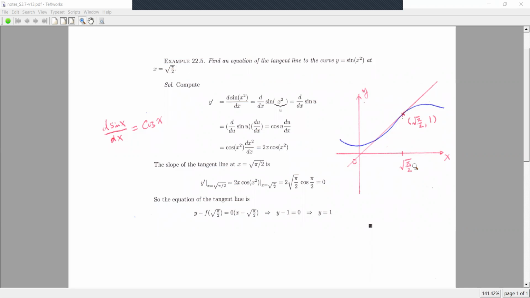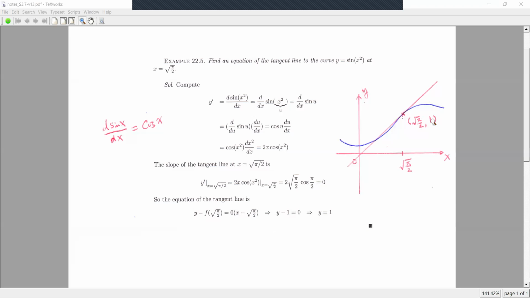Suppose this point is here and the corresponding point on the graph is this point. This point, x coordinate is square root of pi over 2. Y coordinate is the function value at x coordinate. Plug in this number in x, then the y value is 1.